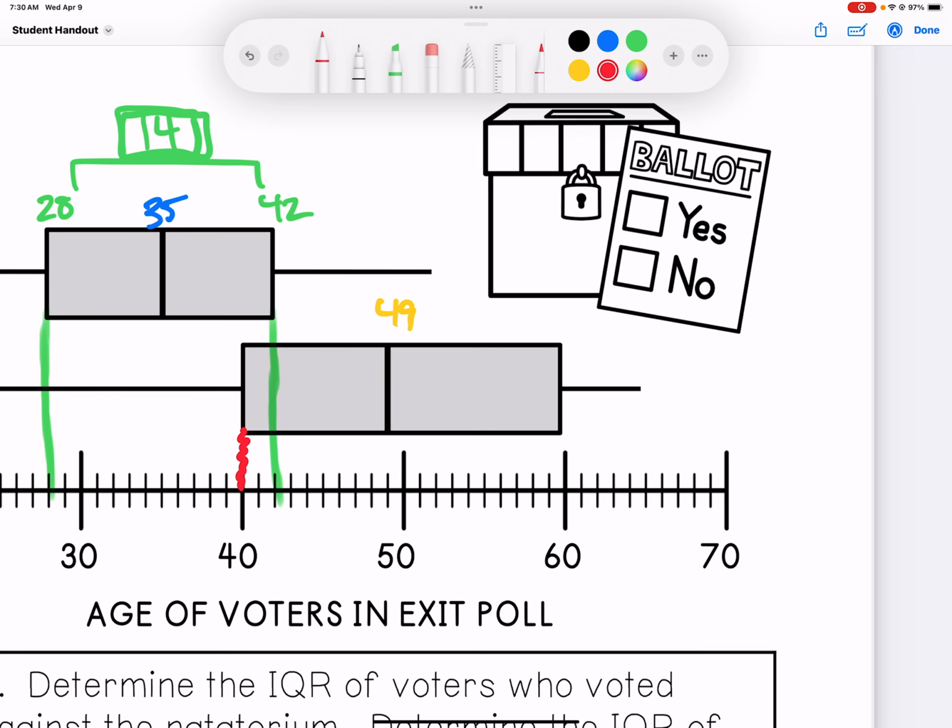Q1 is 40. Q3 is right at 60. I'd say 60. Subtract those two and you get 20. Okay?